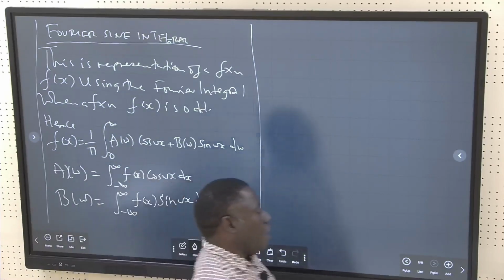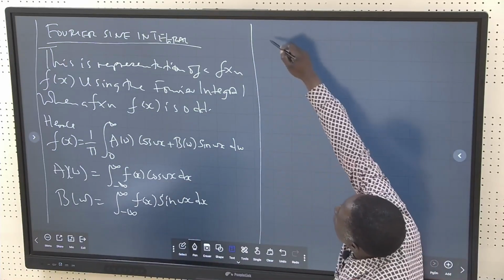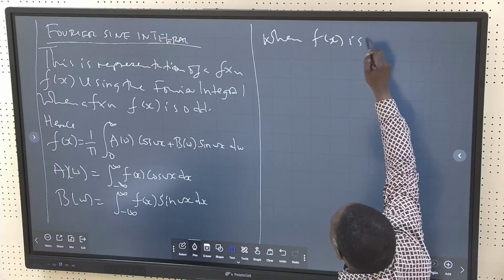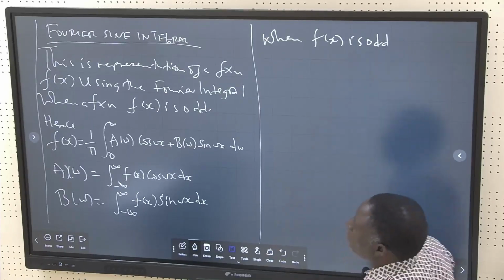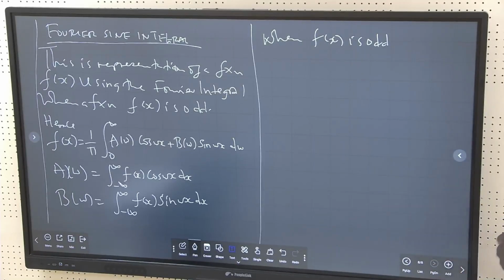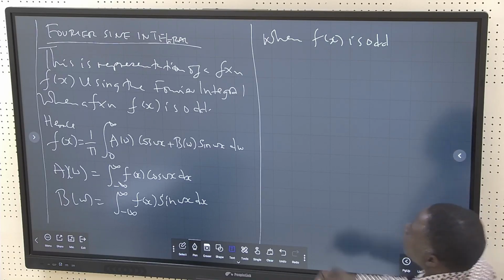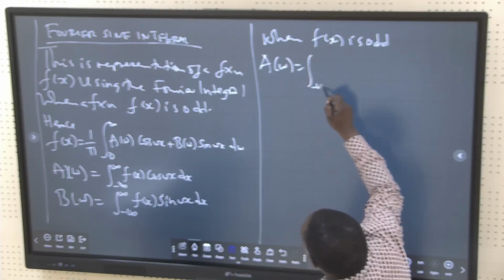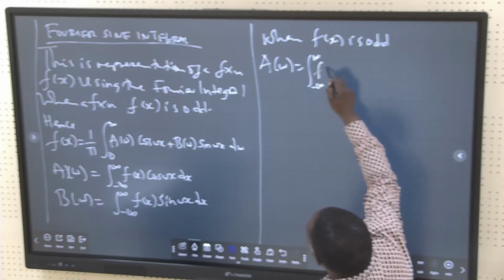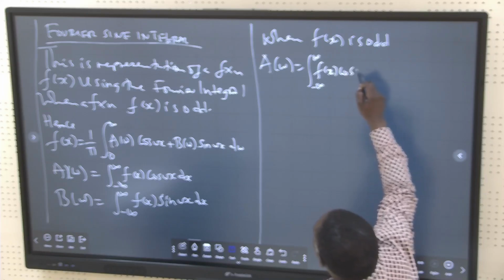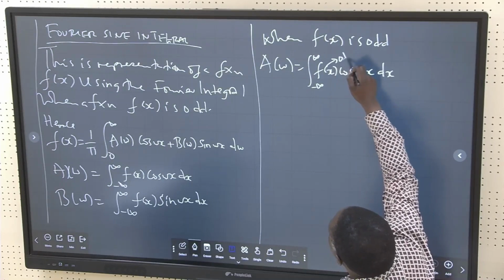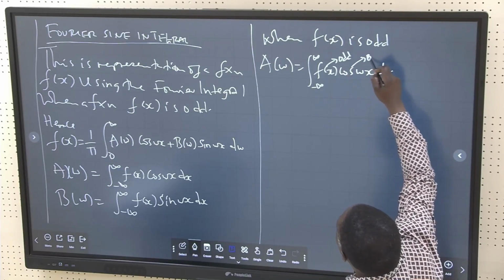So when f of x is odd, and we know that cosine is even and sine is odd, a omega will be the integral from negative infinity to positive infinity of f of x cosine omega x with respect to x. You see, this is odd and this is even.